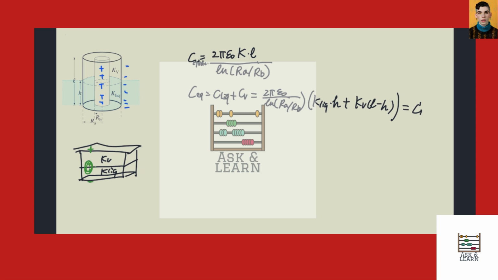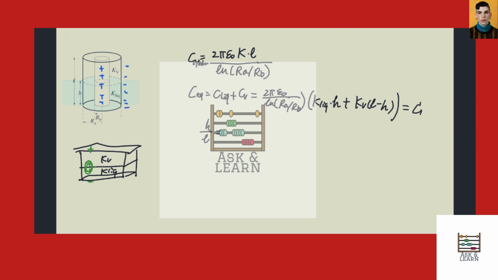And we want to write this in terms of H over L, because we want to find the fraction of the tank that is filled. So let's try to produce H over L here.